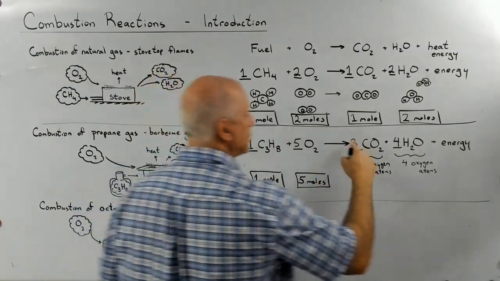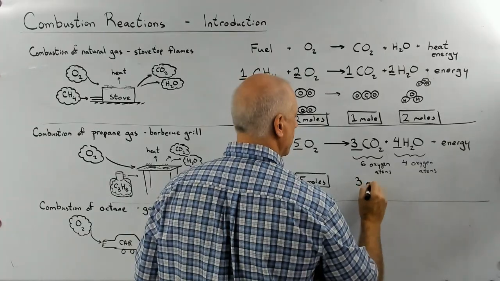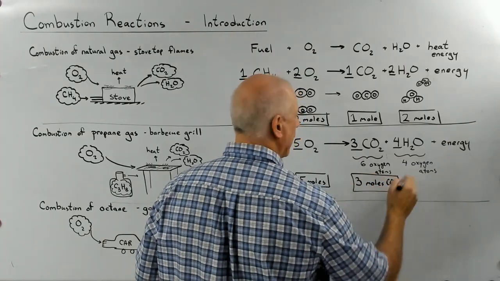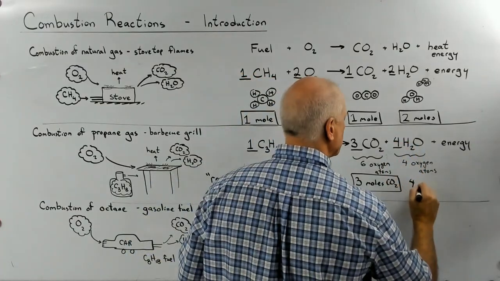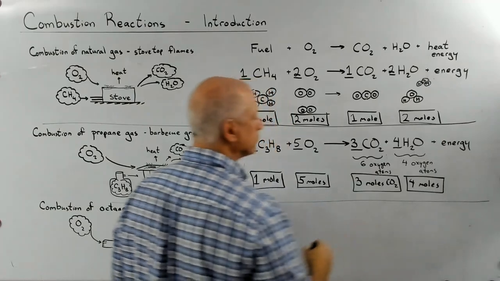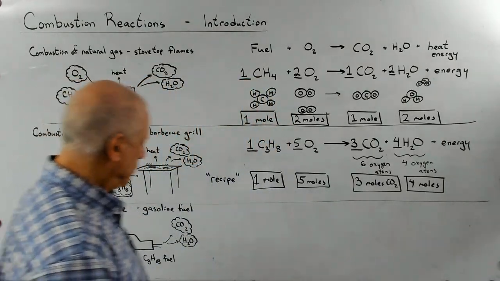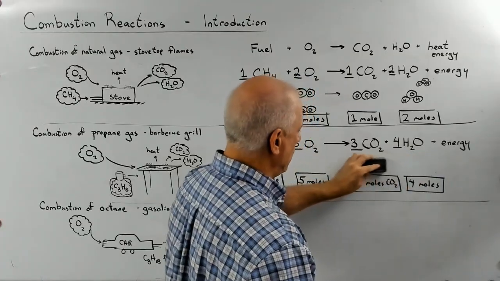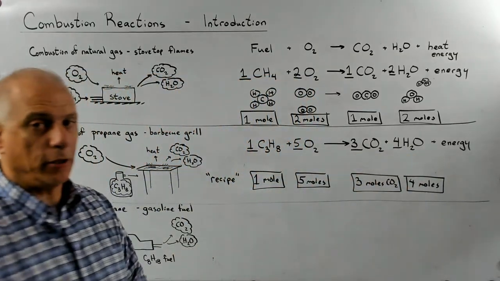It'll produce 3 moles of carbon dioxide, and it will produce 4 moles of water vapor. Okay. I'm going to erase this part right here. I hate erasing things. This is my recipe.